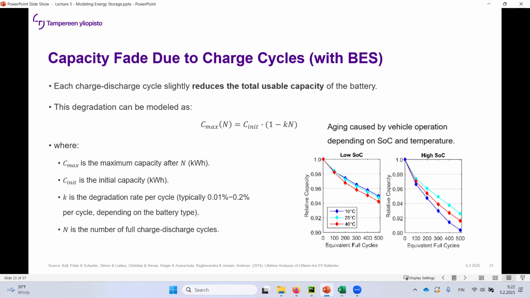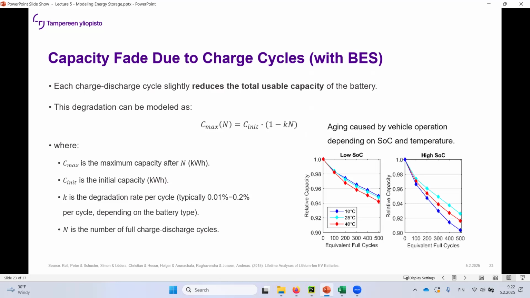So you can take that into account with the initial capacity that you can utilize, and there's this term K, the degradation rate per cycle, and that's something that usually has to be tested. That's really hard to model. What they're trying to do is to use, for example, digital twins to estimate these beforehand, but it's really hard to take everything into account.